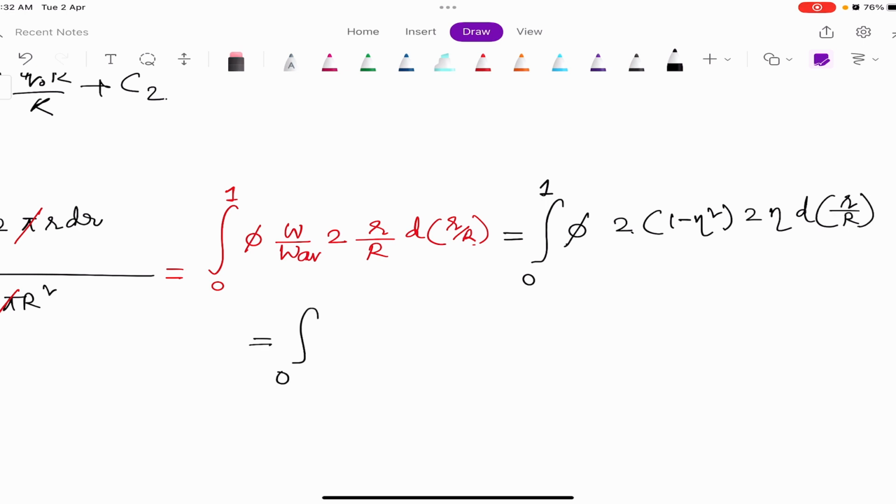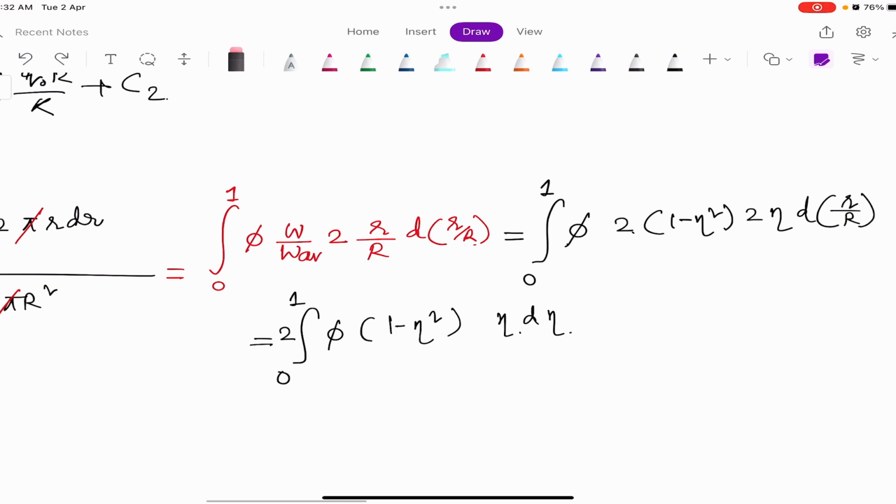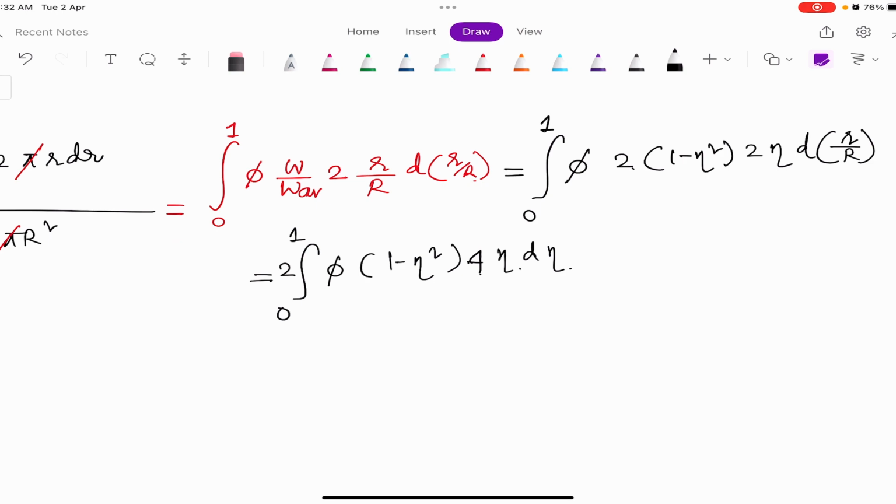So this is equal to the integral of 2φ(1 − η²) 2η dη, and here it will be 4, not 2. Today this note is behaving badly. Okay, so this is done.